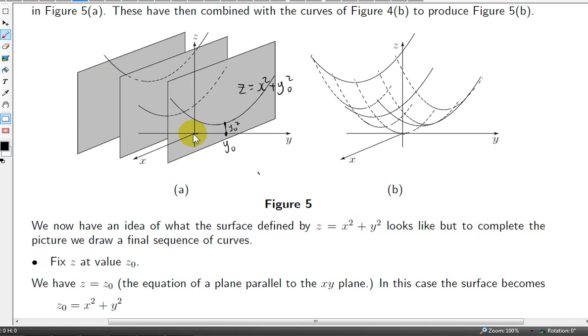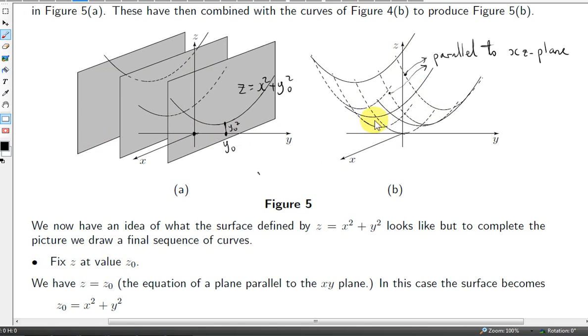So we'll see a symmetry in the distribution of these parabolas about the xz plane. So now we can put both sets of parabolas together. The parabolas that are parallel to the zy plane and the parabolas that are parallel to the xz plane. In this picture, the dotted parabolas are the ones that are parallel to the xz plane.